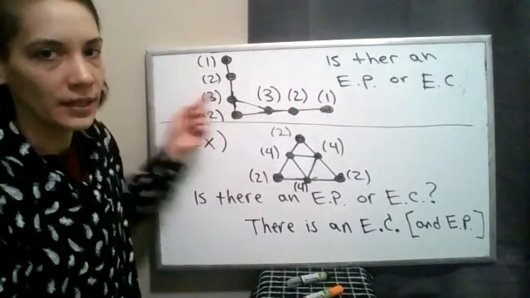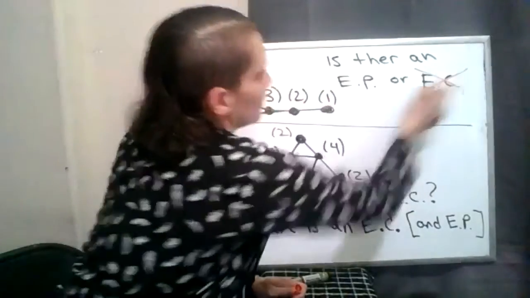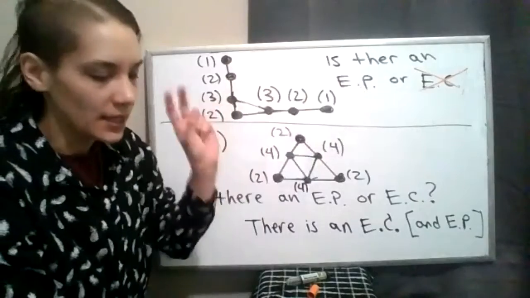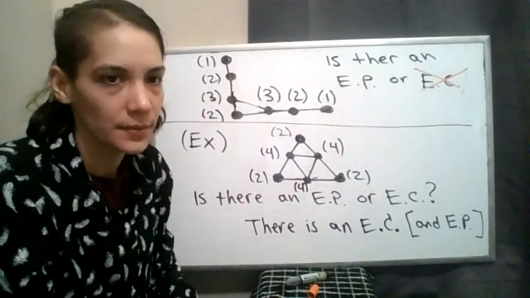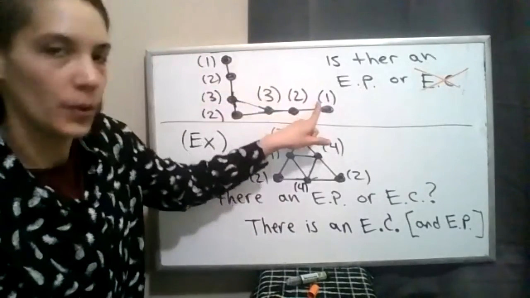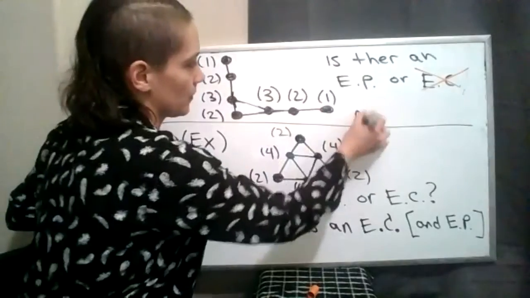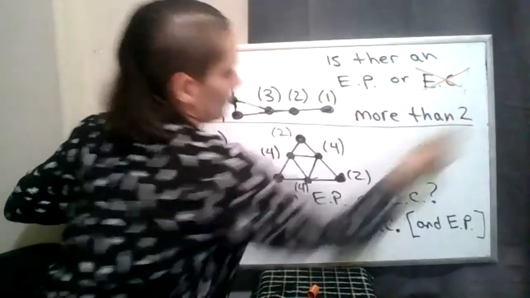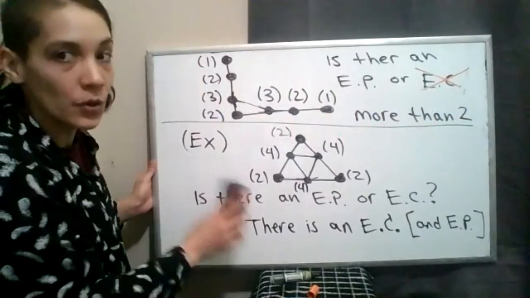There's like a 1 and a 3 and a 3. So this is not going to happen. Path. To have an Euler path, there needs to be exactly 2 odd vertices. And this one has 1, 2, 3, 4 odd vertices. So there's no Euler path and no Euler circuit.